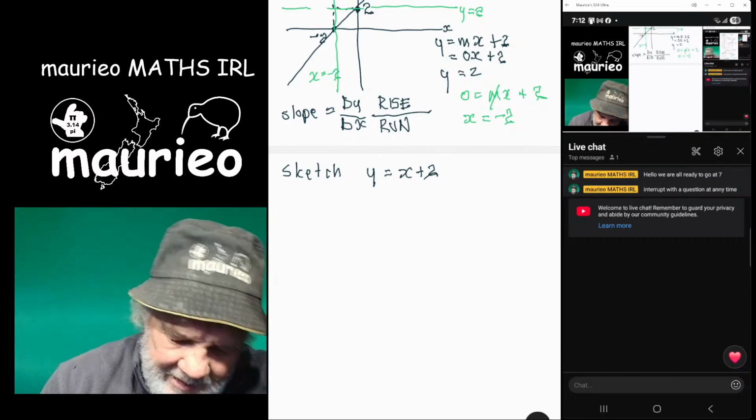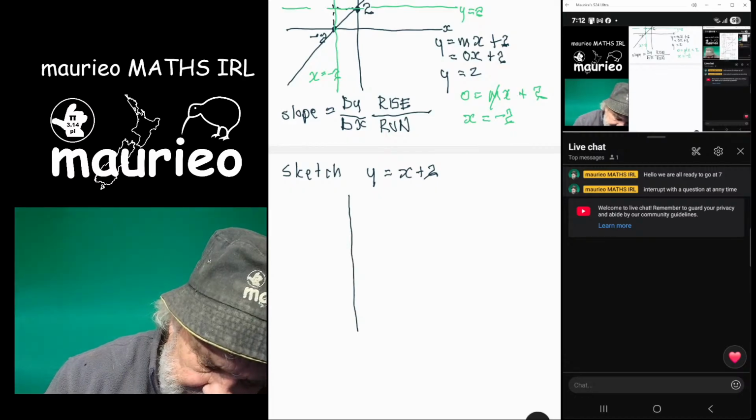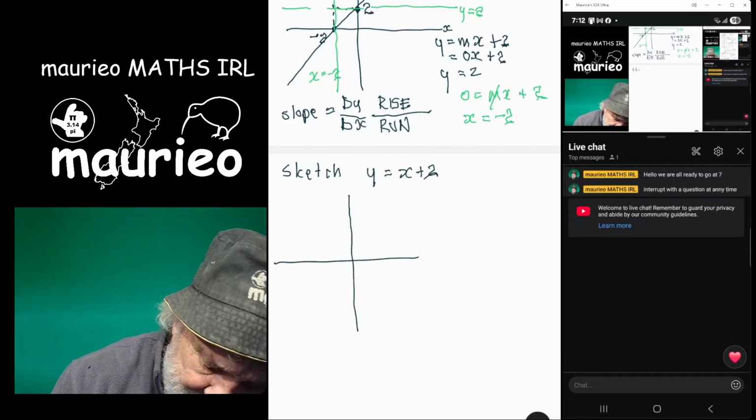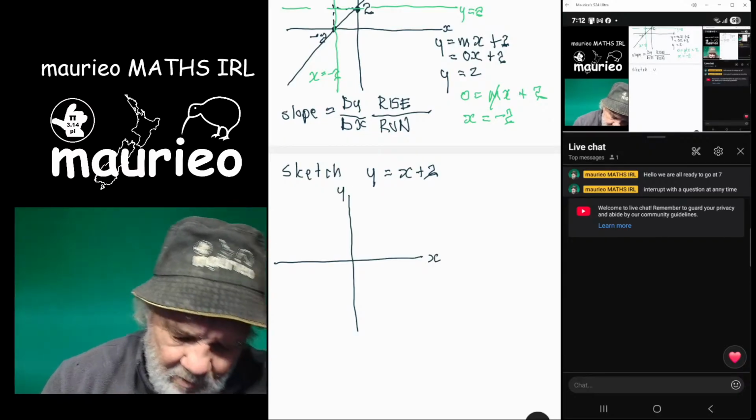Now, if we draw our Cartesian plane like this, this is our x-axis, and this is the y-axis.